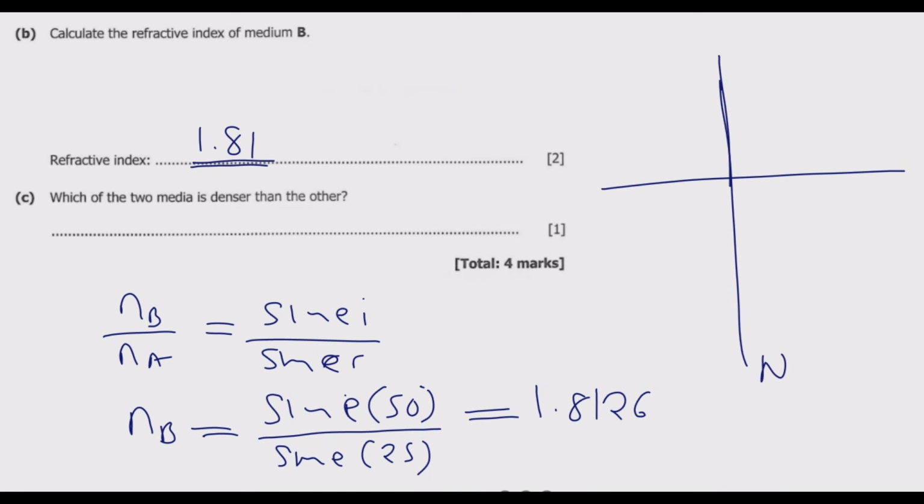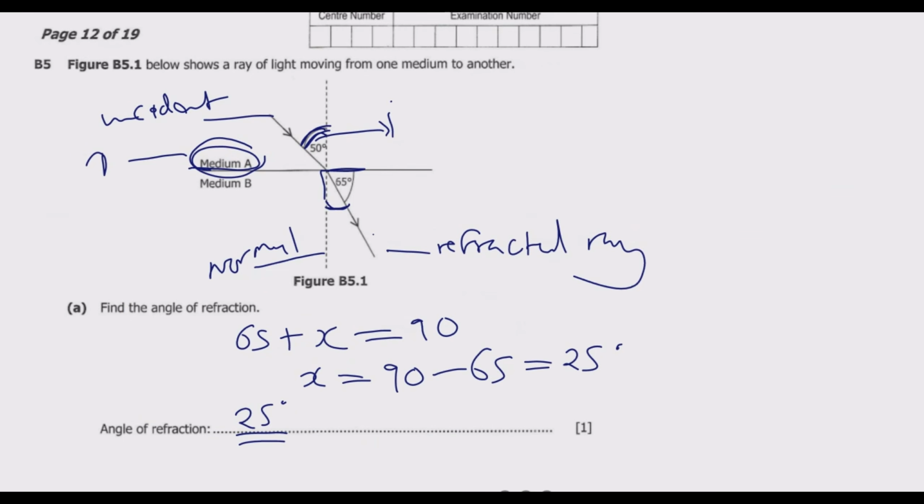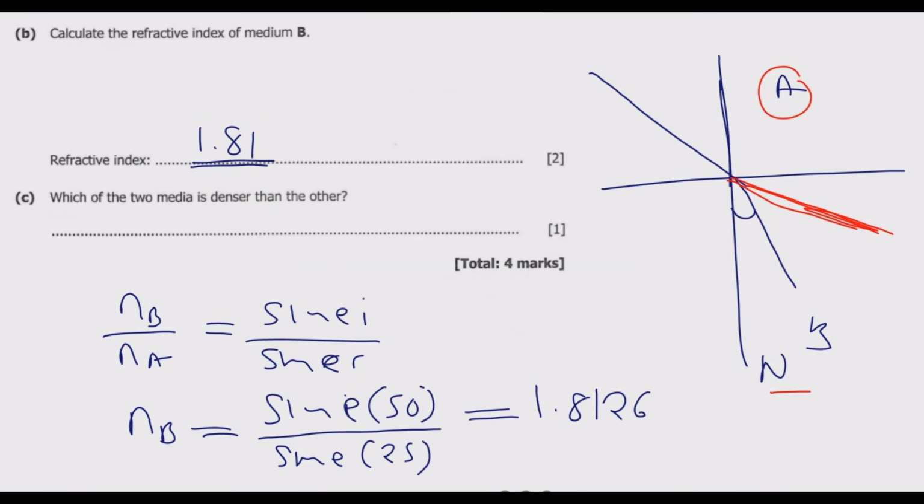If this ray enters here, if this is A, then this is B. If the light bends towards the normal, it means B is denser than A. If this ray of light bends away from the normal, as you see in the red ink, then it means A is denser than B. In this case, as you see from the figure, it is bending towards the normal, so B is denser than A. That's what you need to know.